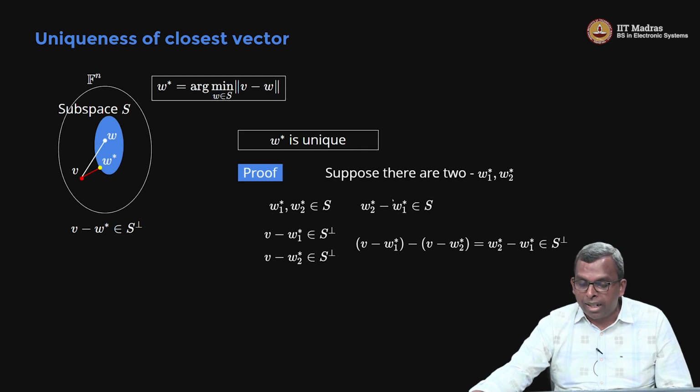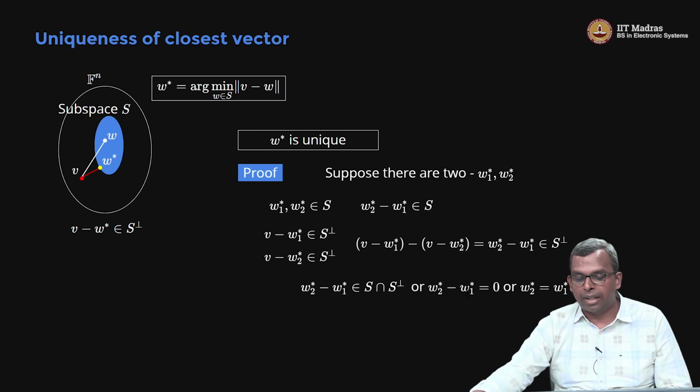So, this wonderful little vector W2 star minus W1 star has to be in S, and it also has to be in S perp. Now, is that possible? That's possible only if W2 star minus W1 star is equal to 0, which means W2 star equals W1 star. So this shows you that this W star will be unique.